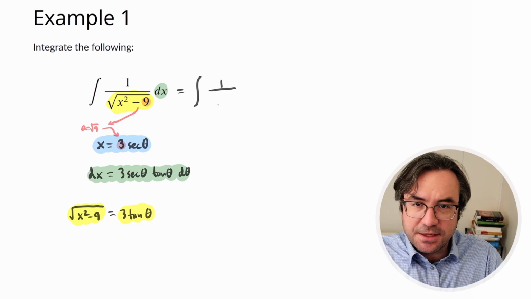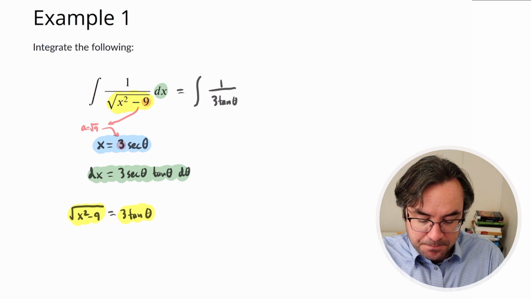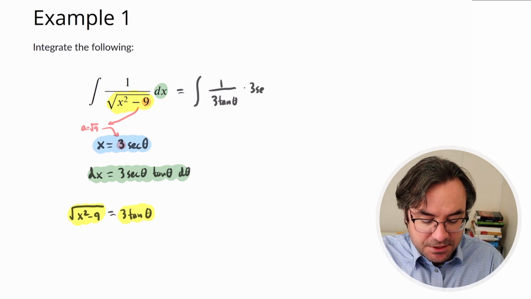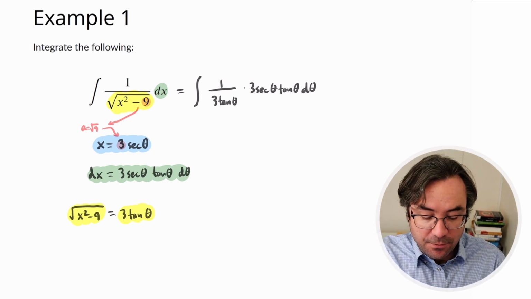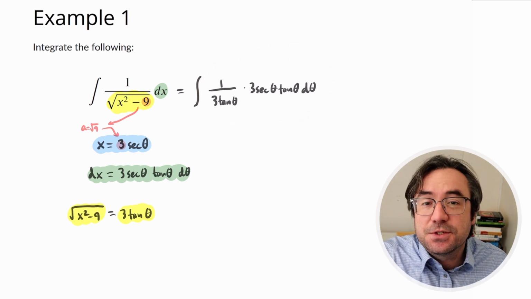Well, instead of that square root, we're going to end up with just 3 times tangent theta. And instead of our differential dx, we're going to have 3 times secant theta tan theta d theta. And now we have a trig integral with no square roots.